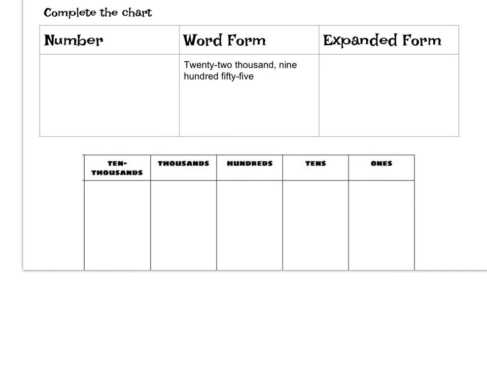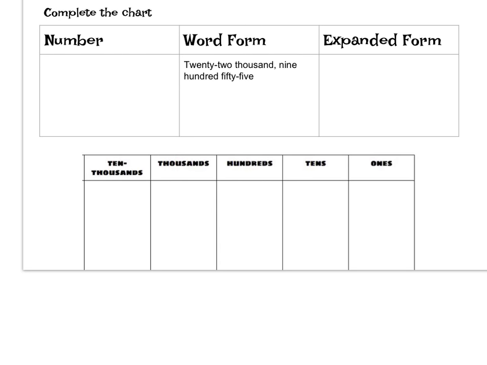Okay, we have a similar problem. We need to complete the chart. However, this time we are given the number in word form, and we have to write it in number form and expanded form. So let's read word form together. 22,955. So let's start with what we know is in the thousands place. I have 22,000. So I don't want to write 22 in the thousands place.